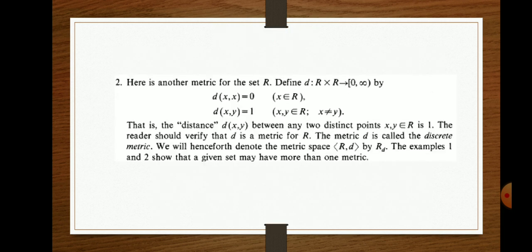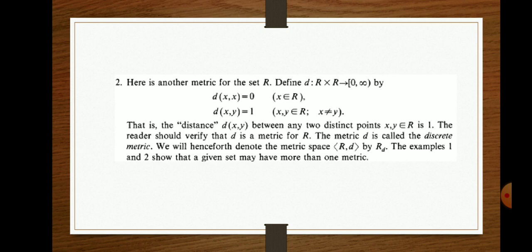The next metric is the discrete metric. Here we consider the set of all real numbers R. Now we define another metric. Here the metric is d from R cross R to the closed interval 0 to infinity by taking d of x comma x equal to 0 for any x belongs to R. That means for a point to itself the metric is 0, and otherwise the distance for distinct points x and y is defined as 1 for any x comma y with x not equal to y.